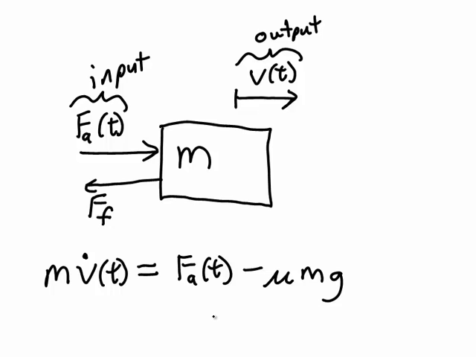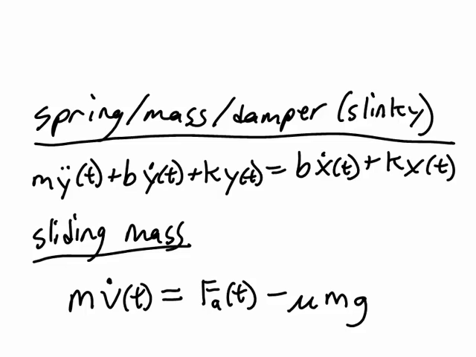Here I've written the two equations that we came up with underneath the title of the system that it represents. I want to point out a couple of key aspects of these equations that you should notice.